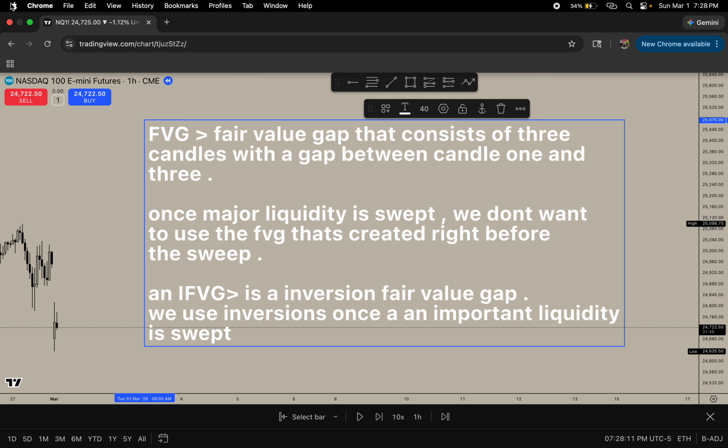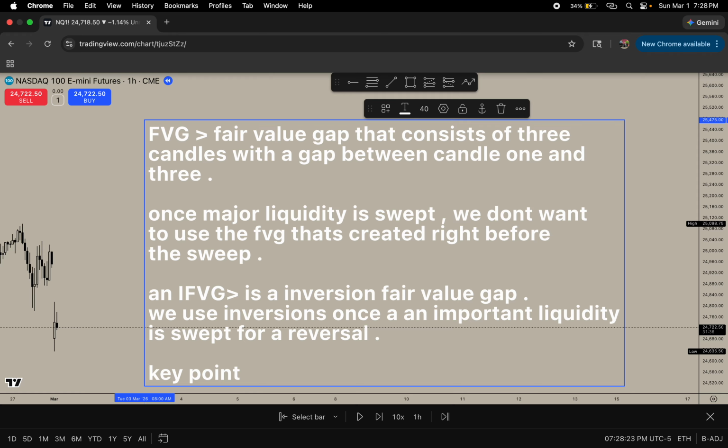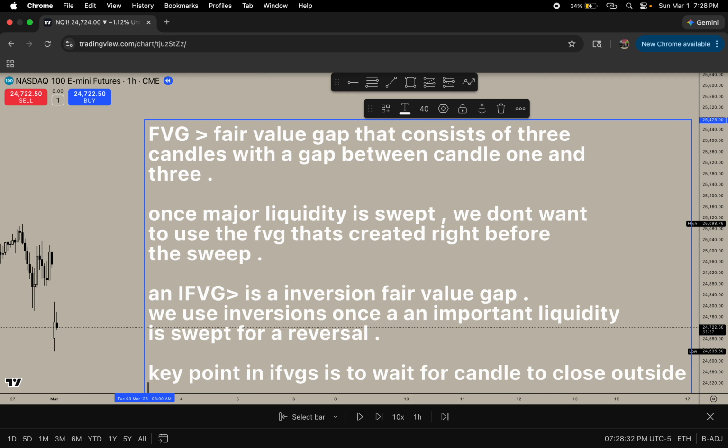We use inversions once an important liquidity is swept for a reversal. Key point in IFVGs is to wait for a candle to close outside of the gap.